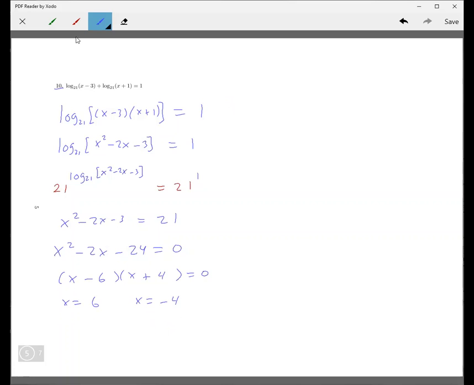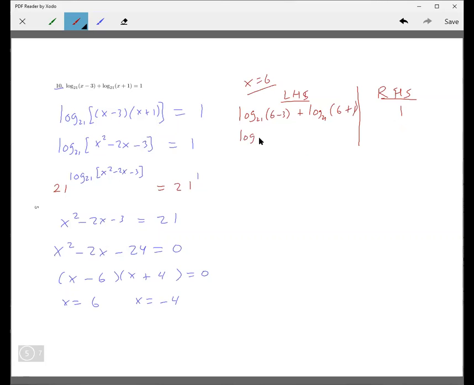Okay, if we plug a 6 in first, so plug in x equals 6. So you have left-hand side and right-hand side. Okay, 6 gives you log base 21 of 6 minus 3 plus log base 21 of 6 plus 1. The right-hand side is just going to be 1.